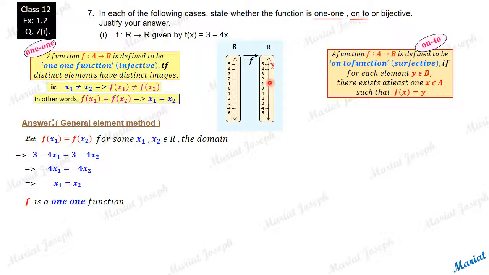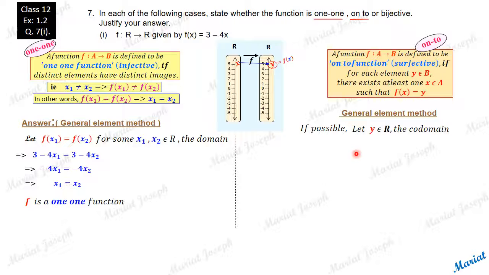Let me begin with one element taken in the codomain. Let y belong to the codomain. And if possible, let y be equal to 3 minus 4x.